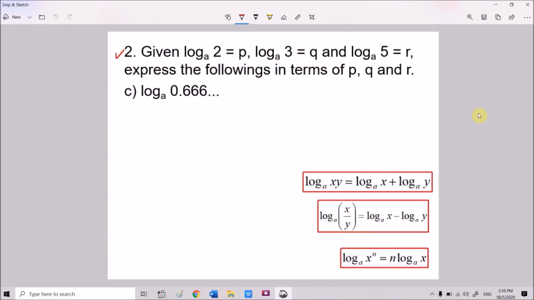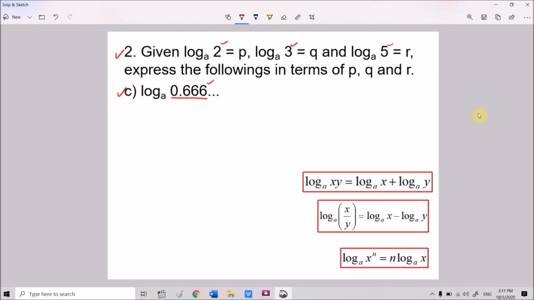Still the same question here, but for C we have log base a of 0.666 recurring. So it's very obvious that we need to rewrite or convert this number so that it is a combination of either 2, 3, or 5. If you recall the previous subtopic from the surds, law of surds, we already learned how to convert recurring decimals to fractions.